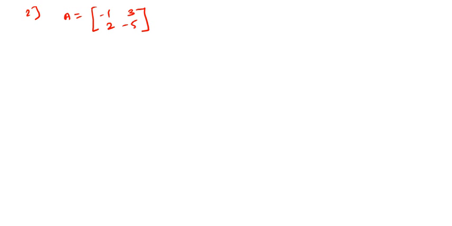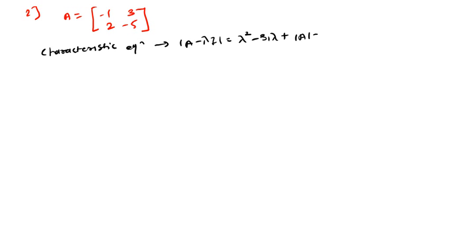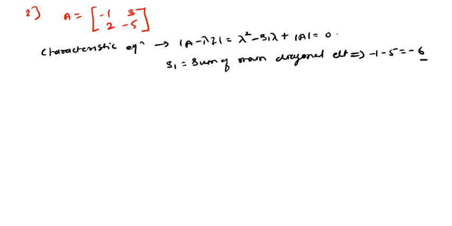Its characteristic equation, determinant A minus lambda I, will be lambda square minus s1 lambda plus determinant of A equal to 0, where s1 is the sum of main diagonal elements, minus 1 minus 5, which is minus 6.